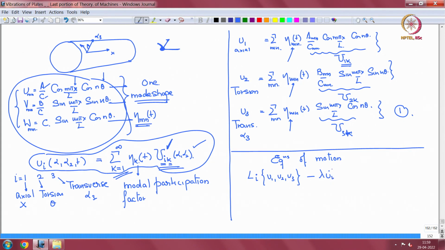Okay, damping is a difficult topic. I'll talk about it briefly. Minus rho h u_i double dot is minus q_i. So it comes out like this with all minuses. That's why I showed you the plate example in the beginning.